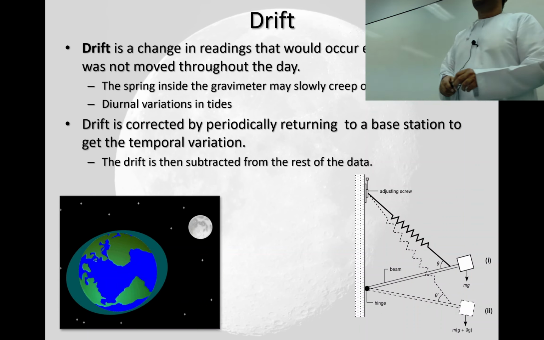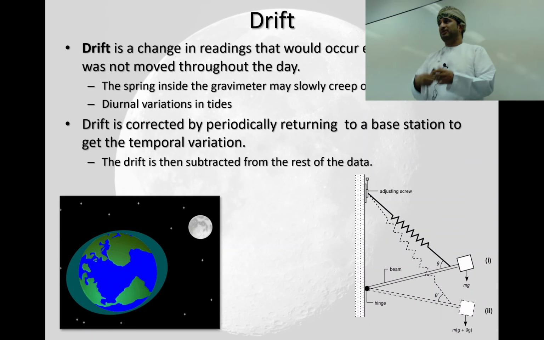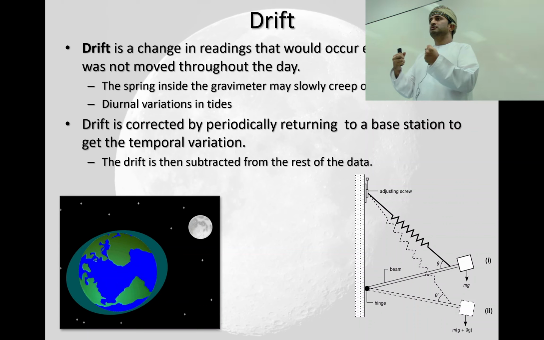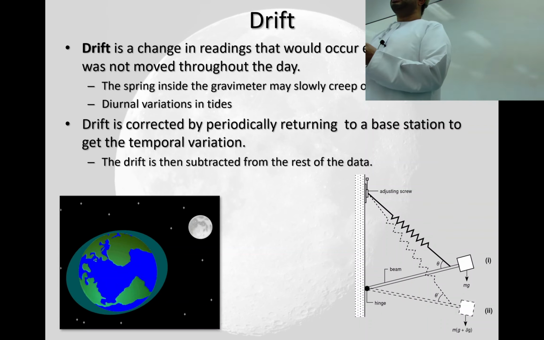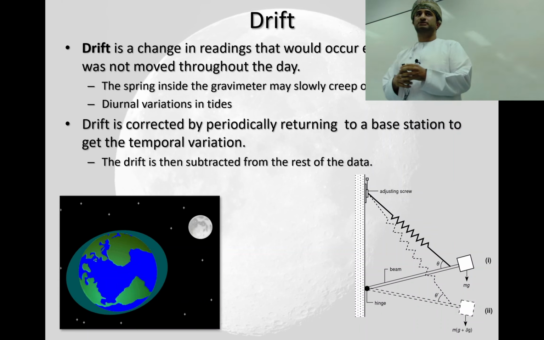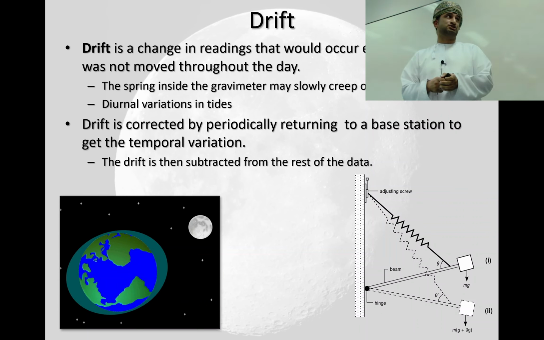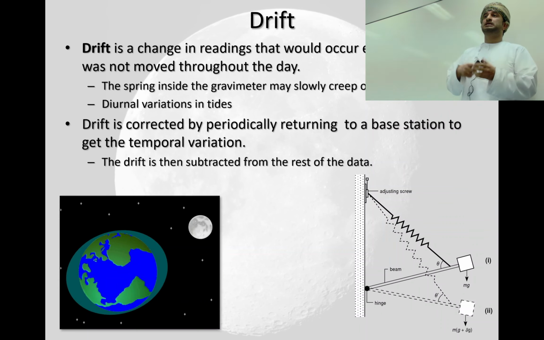We call that reference point the base station, a point we go back to. That's the reason I'm doing relative gravity measurements, not absolute measurements. My measurement is relative to some station established in the field. I go back, visit the point, and keep recording.